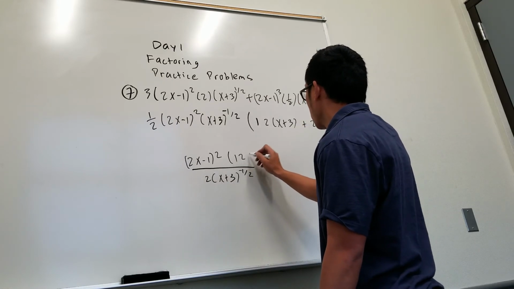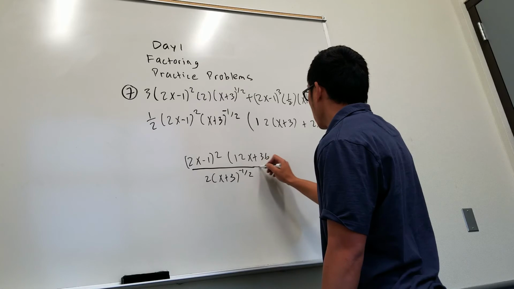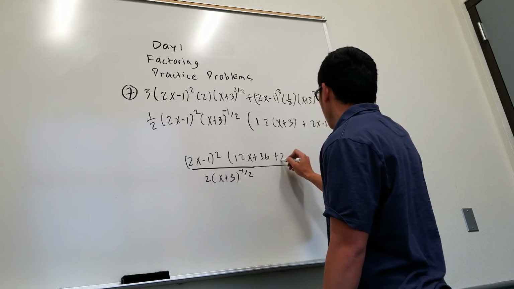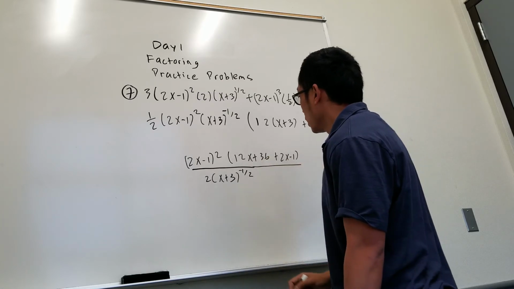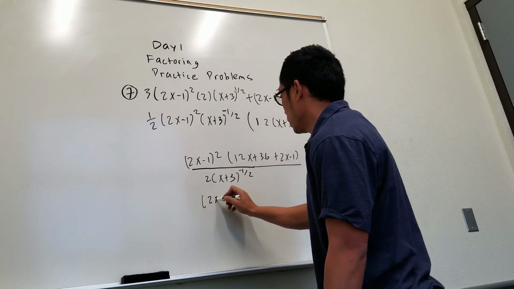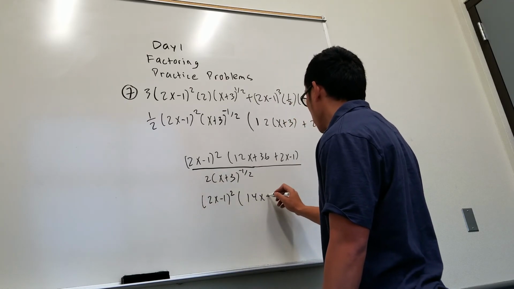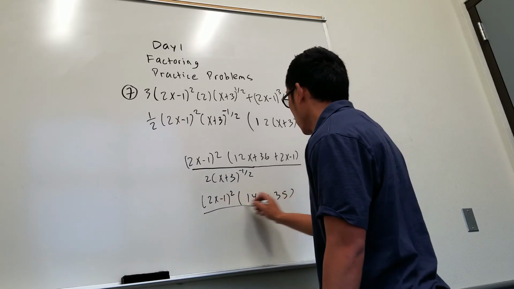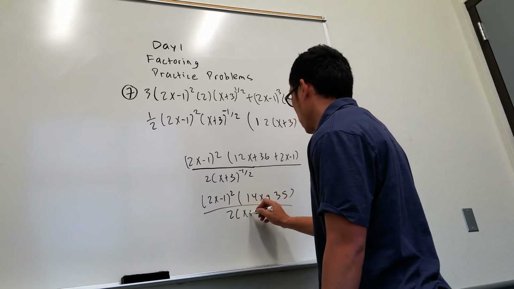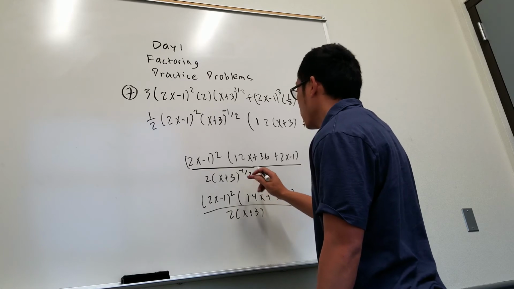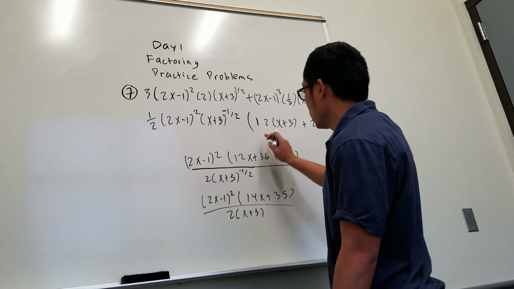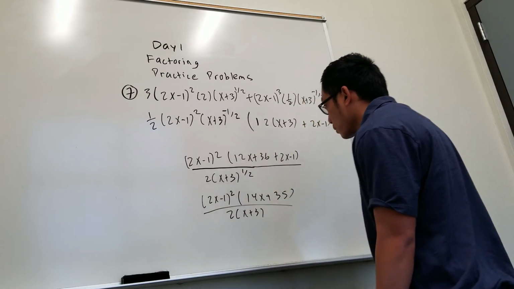You have 12x plus 36 plus 2x minus 1. Now we gotta simplify that and we should be good. This is 14x plus 35. Oops, remember when I bring it down, it becomes positive, right?